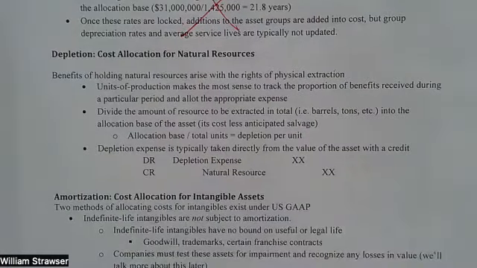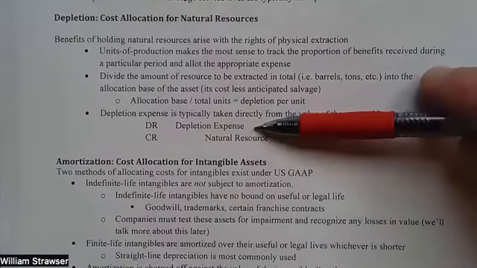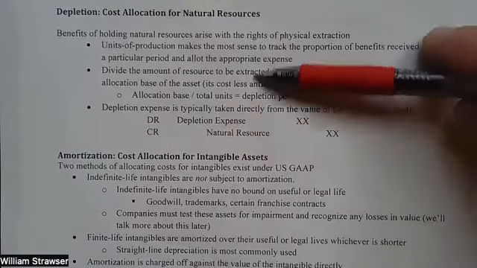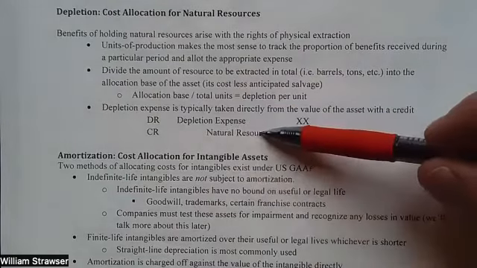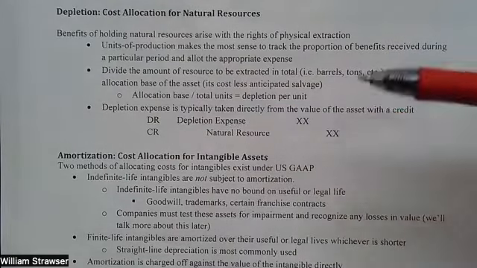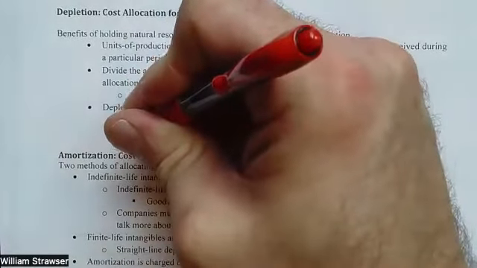Moving into depletion and amortization. These two, like I mentioned, are the same idea. We're allocating a cost over time. We're debiting an expense instead of depreciation for natural resources. We debit depletion expense, and we credit the natural resource directly. Like I mentioned, we're not crediting a contra asset.